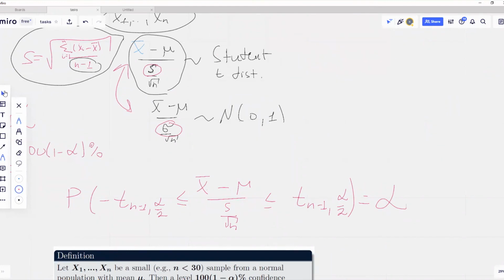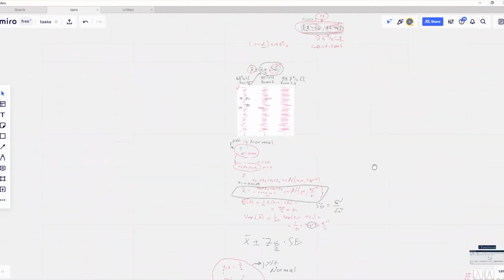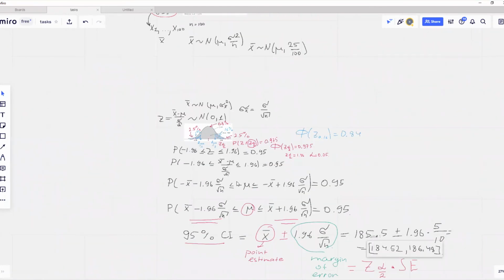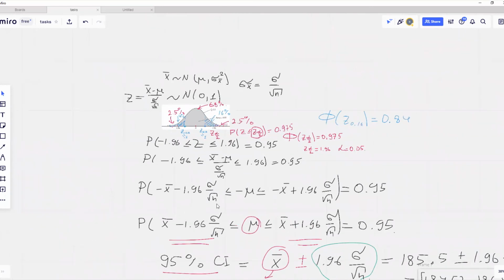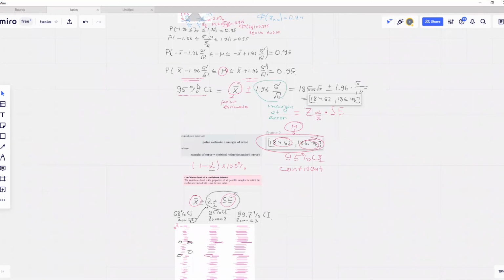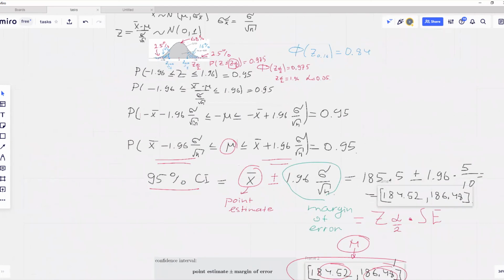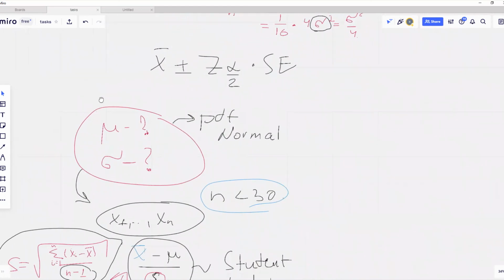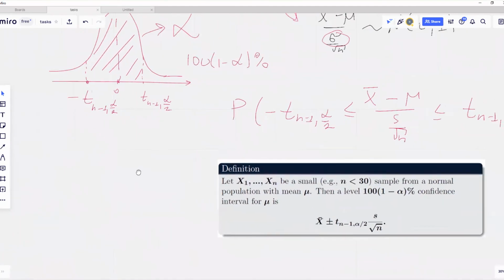And then performing similar operations that we have done here in the case when we're working with standard normal distribution, following basically similar operations, we get the confidence interval.